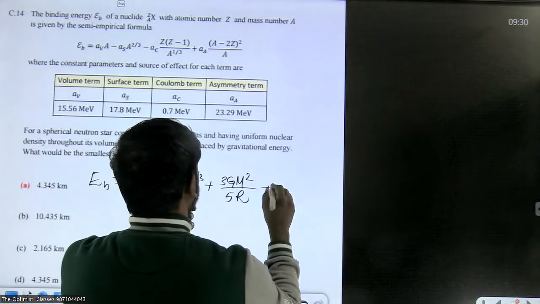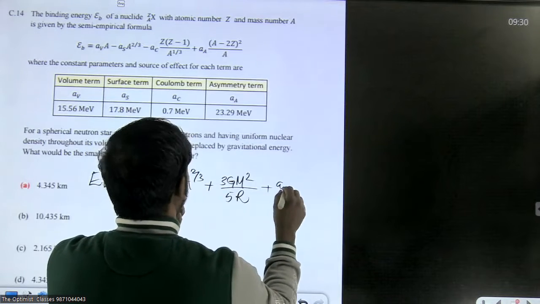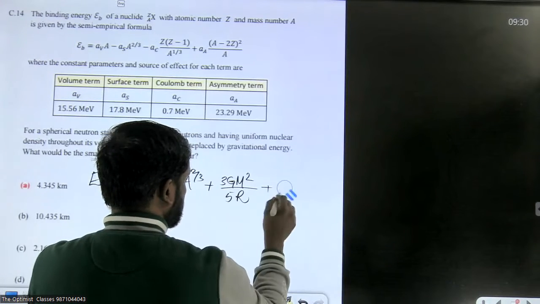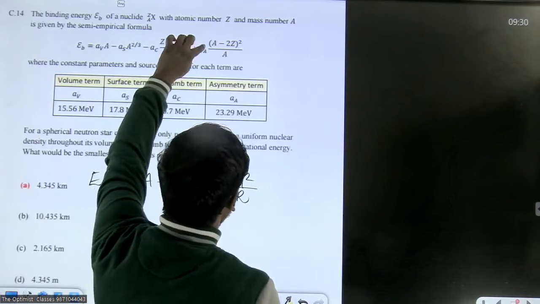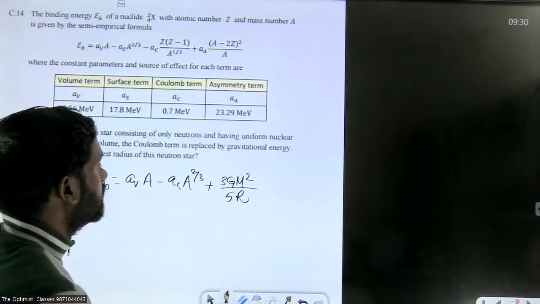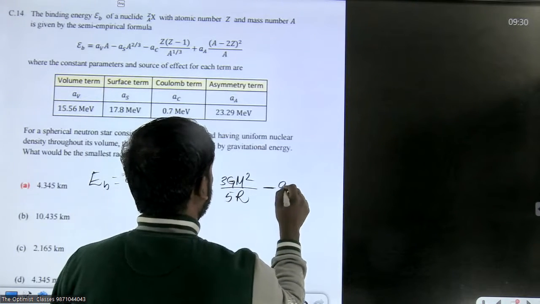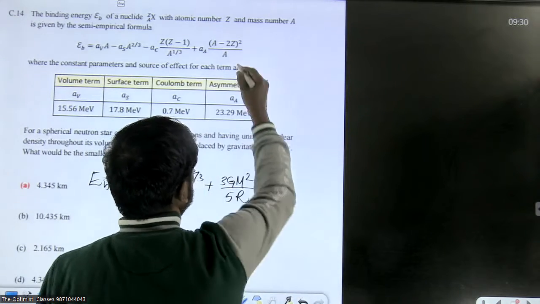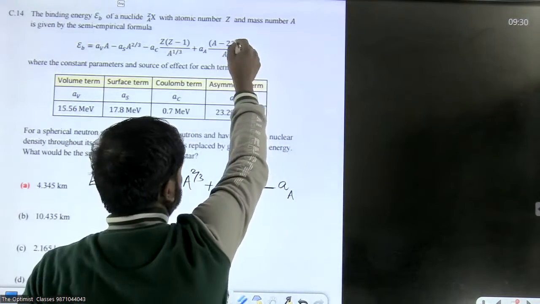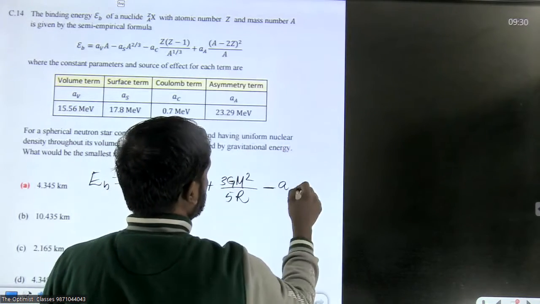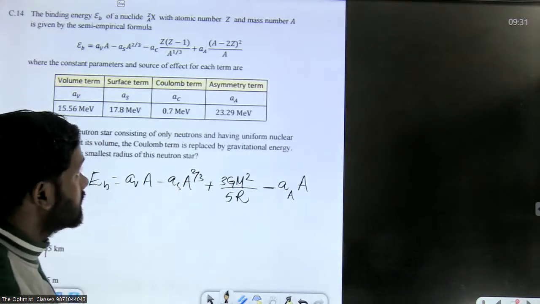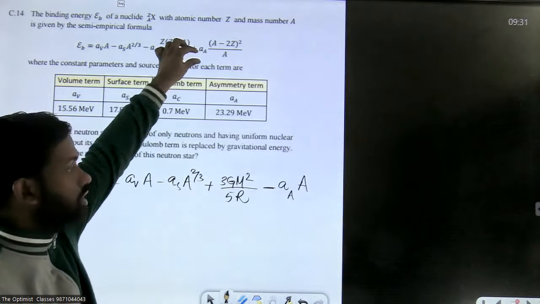And plus we have here the asymmetry term. Actually, it should be minus; they have incorrectly written it here. Generally this term is negative, so here we'll write minus. And since there are only neutrons and no protons, Z will be 0, so you will get capital A here. So the asymmetric term actually comes with a negative sign.